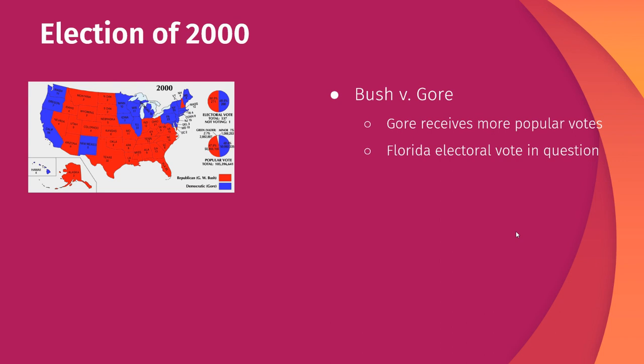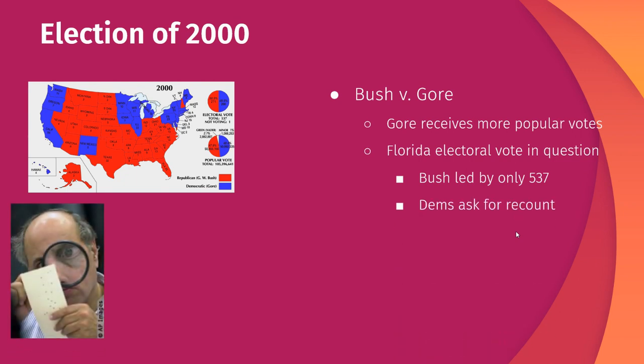popular vote in Florida is so close that it triggers an automatic recount, and the race is too close to call for days and weeks. Bush led after the votes are tallied by only 537 votes, and so Democrats ask for a recount, and this is a recount by hand.